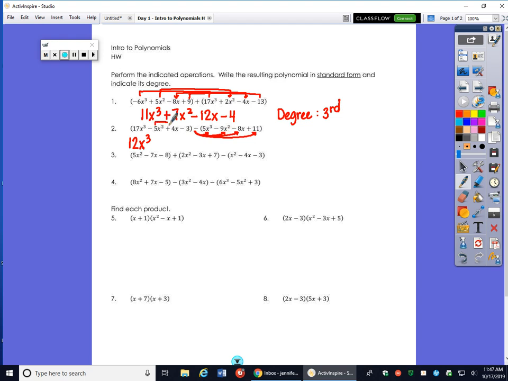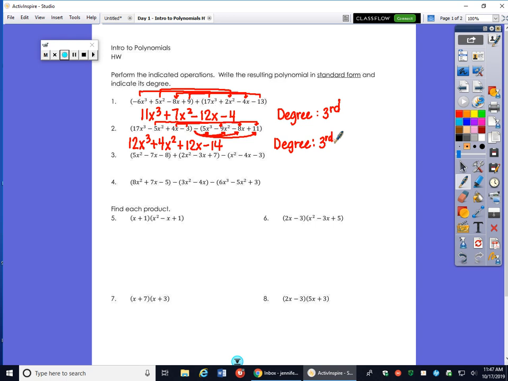So this becomes negative 5 plus 9, which is going to be a positive 4x squared. Then we have a negative 8x, which becomes positive 8. So this becomes 4 plus 8, which is 12x. And then we have a minus a positive 11, so that's going to be negative 3 minus 11, which is going to be minus 14. Again, that is in the correct order, decreasing, and the degree is third.